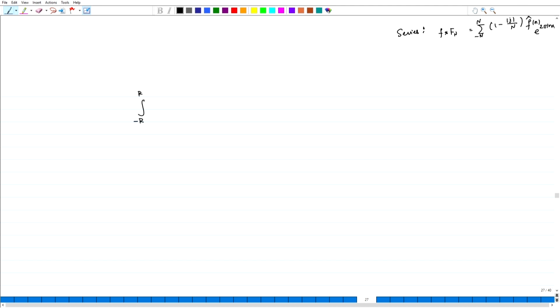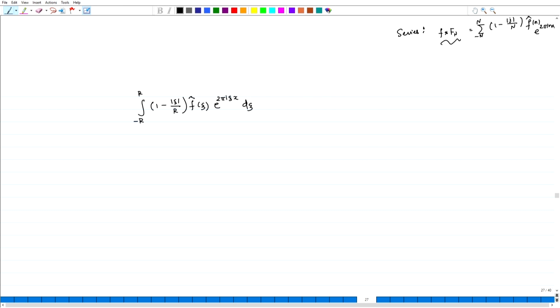The sum would be the integral from minus r to r of 1 minus mod xi by r, then f hat of xi and e to the power 2 pi i xi x d xi. We must look at whether this is f convolution of F_r in our case.